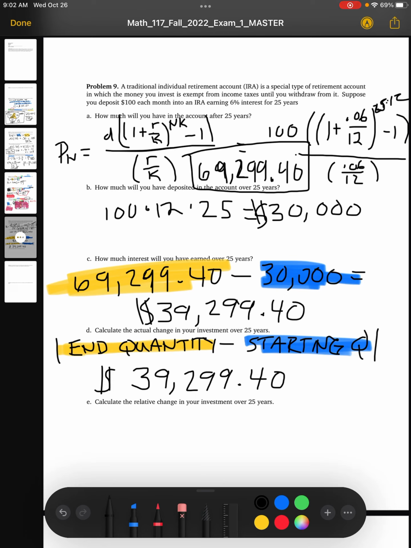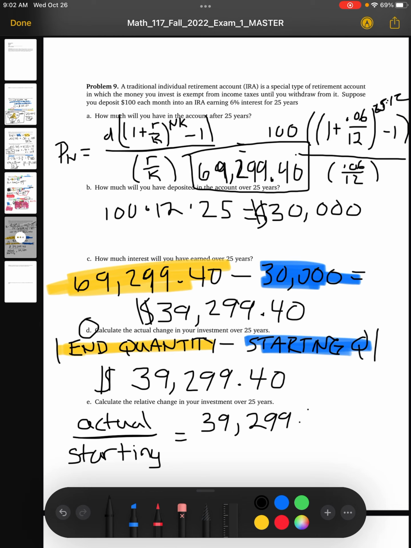The relative change is a formula that we talked about in class. So that relative change says you take your actual change and you divide it by your starting quantity. And so I wanted you guys to realize that your actual change was the amount you've earned over 25 years. So I added in part D to help you realize what number you should use in this situation. So we end up with $39,299.40 divided by our starting amount, $30,000.